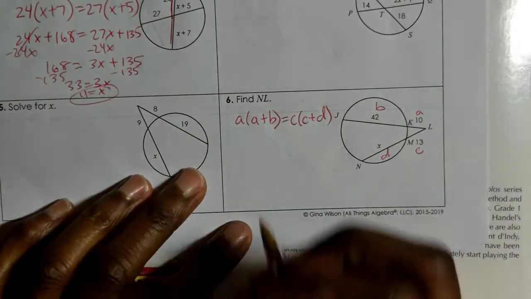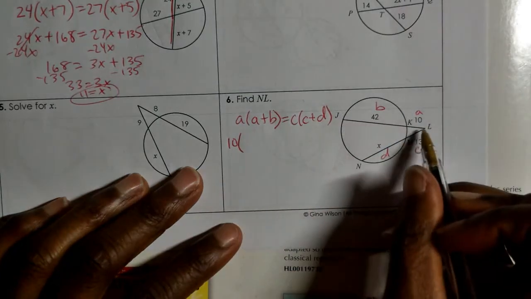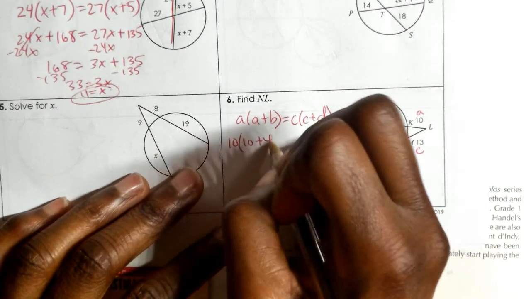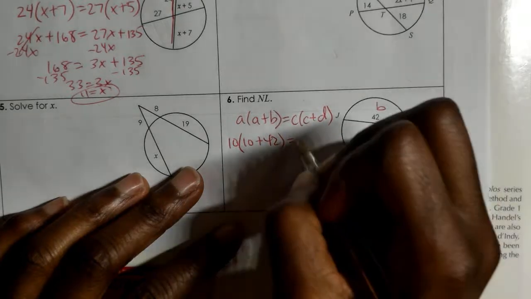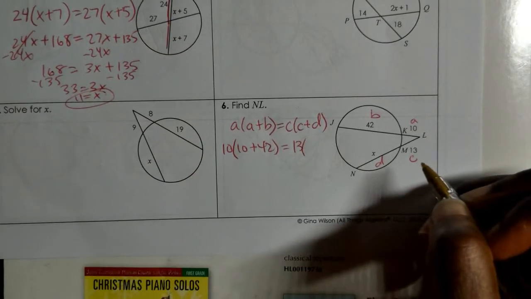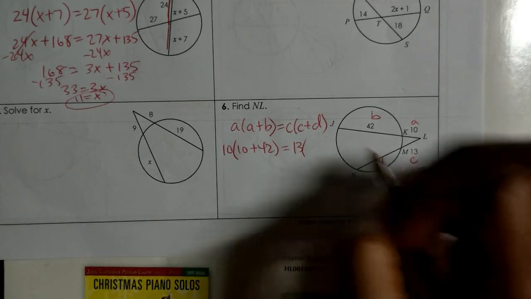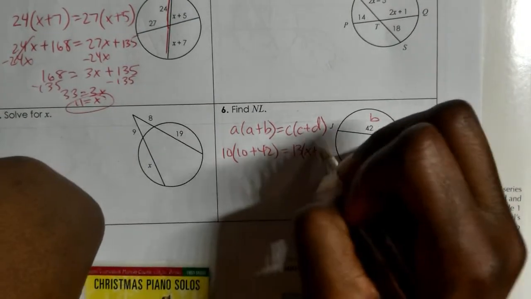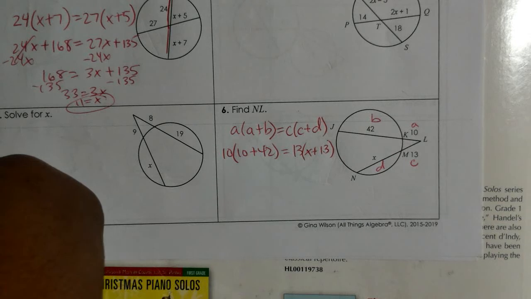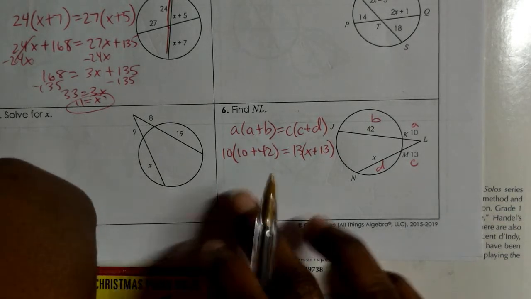So it's 10 and then 10 plus 42 equals 13 and then x plus 13. So you can evaluate this whole thing.